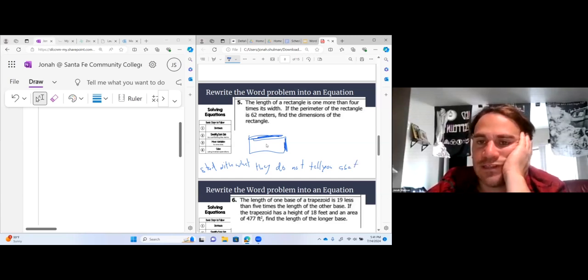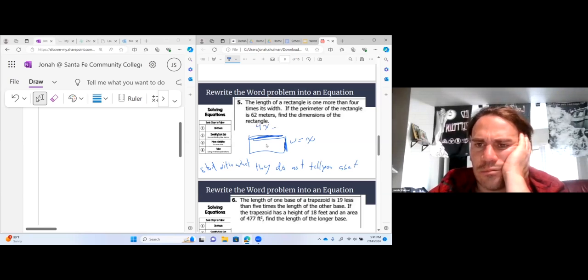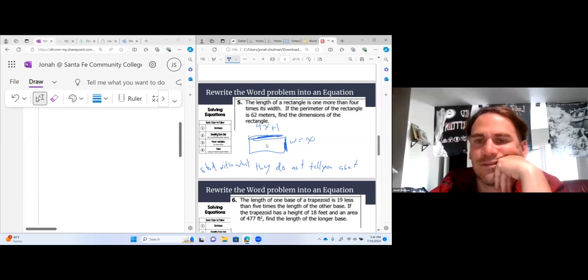So it says the length of a rectangle is one more than 4 times the width. So the width is x. The length is one more than 4 times the width. So ready? 4x plus 1. That's the length.